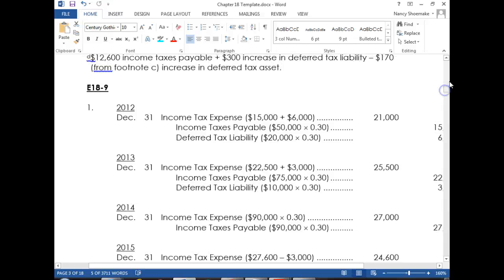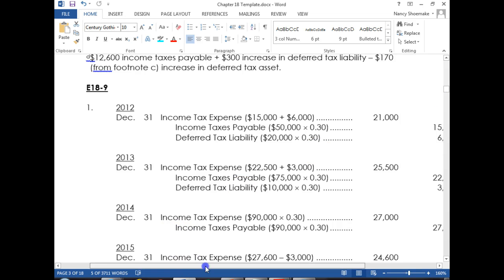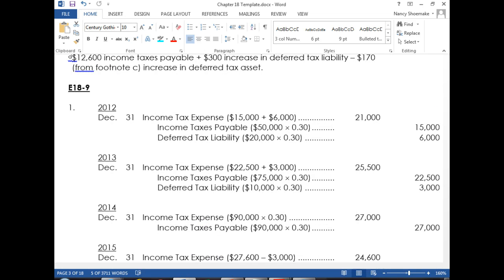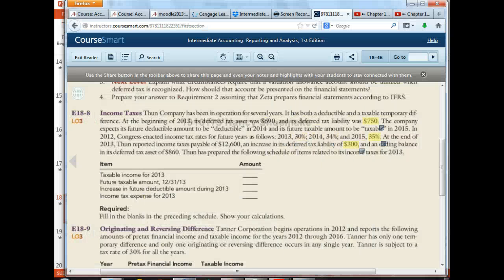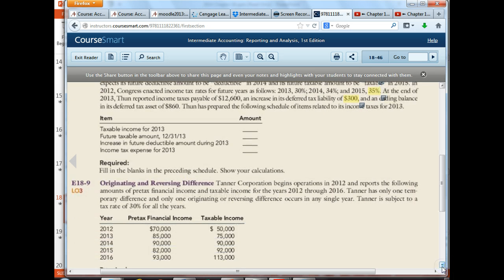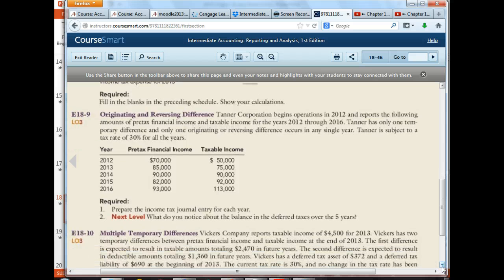Okay. Let's look at 18.9. Okay, this is really, highlight this.